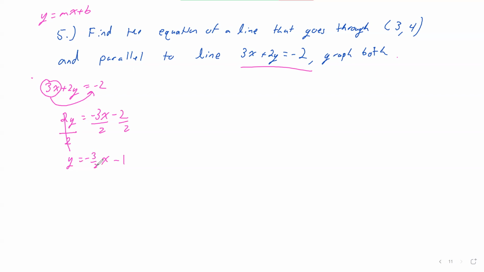I always write it like this with the fraction next to the x so that when I want to identify my slope, I'm grabbing the number and not the x. A lot of students want to grab the entire thing as the slope and it's just the number in front of the x.